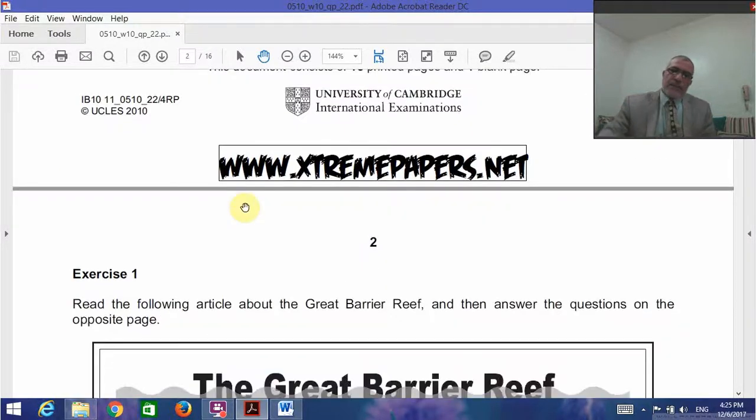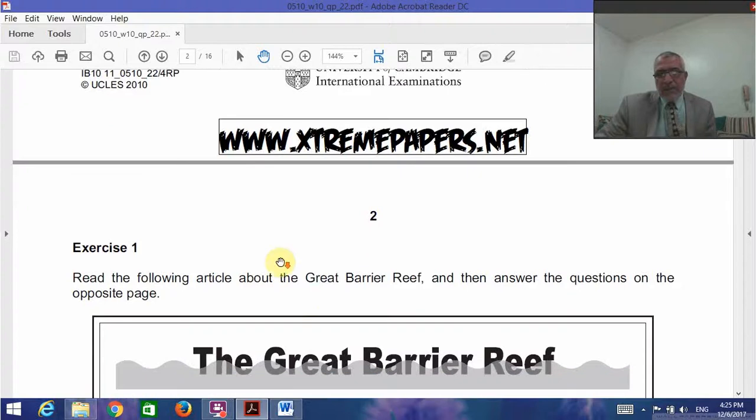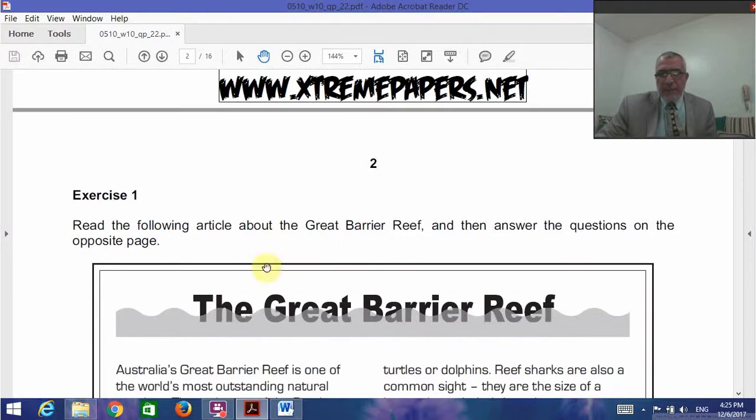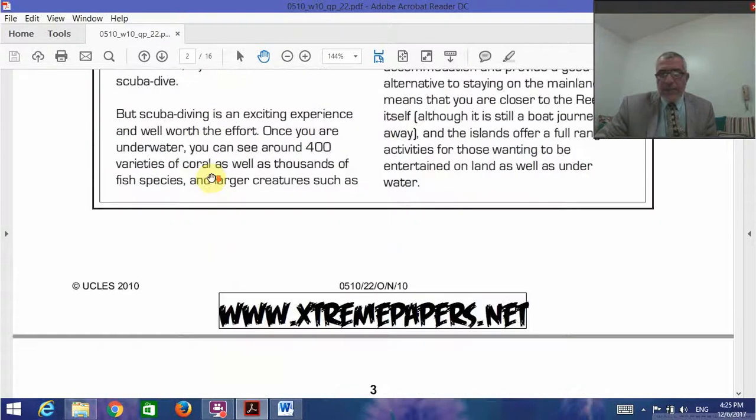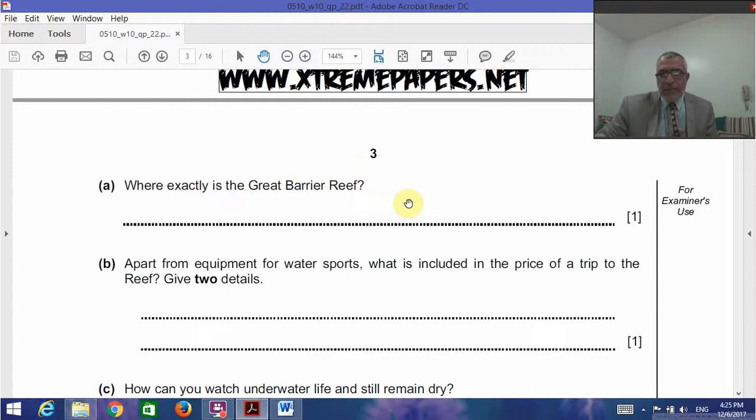The paper is set in a way that you have the questions on the right side and the text on the left side. So you look at the text here, and then you're supposed to have this part on the opposite page right away. So how to go about these questions and these exercises?